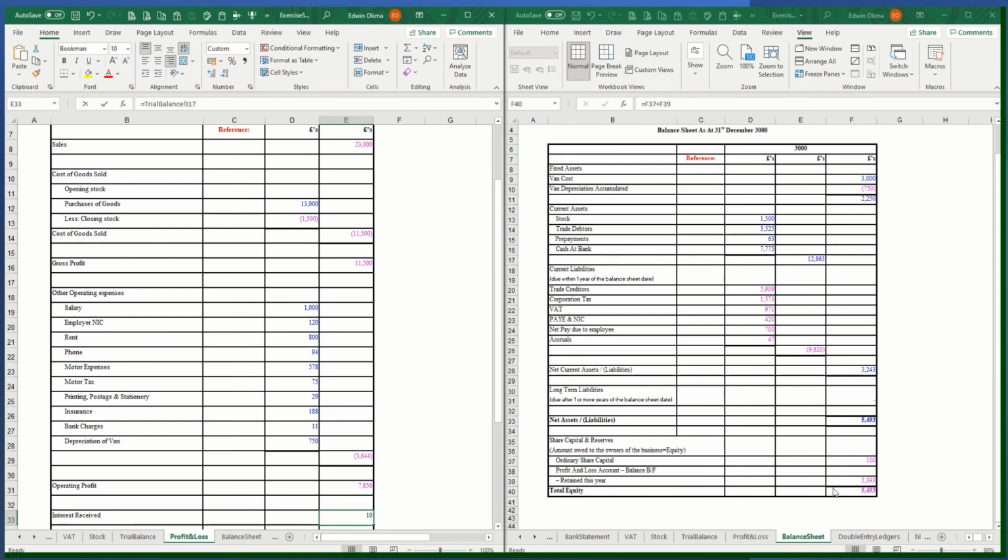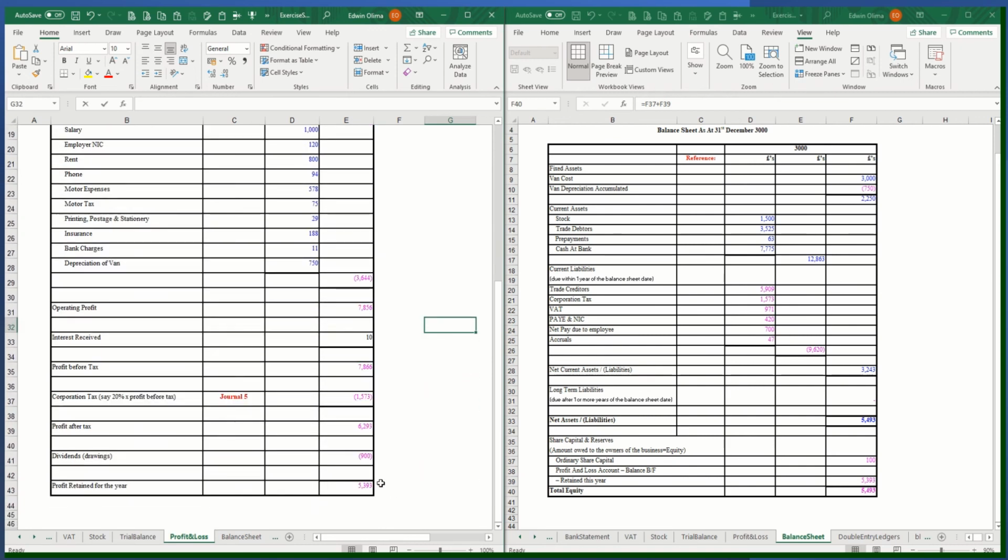So where the owner of the business transferred £100 here, that is a contribution. And a distribution would be decreases in ownership interest resulting from transfers to owners. In our example, it would have been the £900 distribution to the owner here. So as you can see, we had 6,293 profit, but we distributed 900 to the owner, so we're left with that in the business.